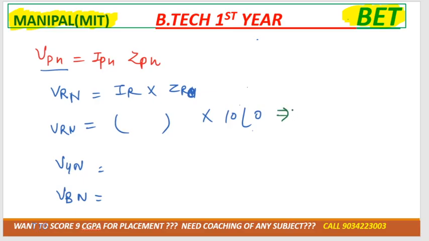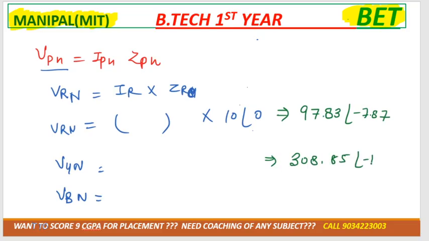After solving, we'll get VRN as 97.83 angle minus 7.87, this one would be 308.85 angle minus 174.63, and 338 angle 108.37. Okay, understood?